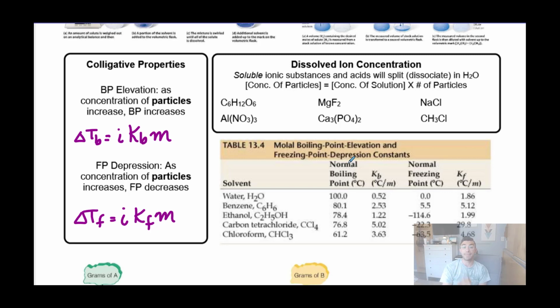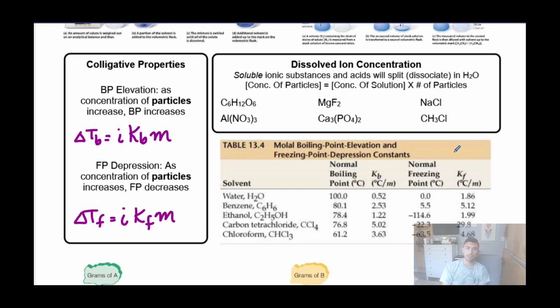But for something like benzene, its boiling point elevation constant is much higher, 2.53 degrees Celsius per molal, which means that with the same concentration of particles, we can change benzene's boiling point more than water's. For each molal of particles for benzene, its boiling point is going to increase by 2.53 degrees Celsius. And the same rules apply for freezing point depression constant, except the temperature is dropping below the freezing point.